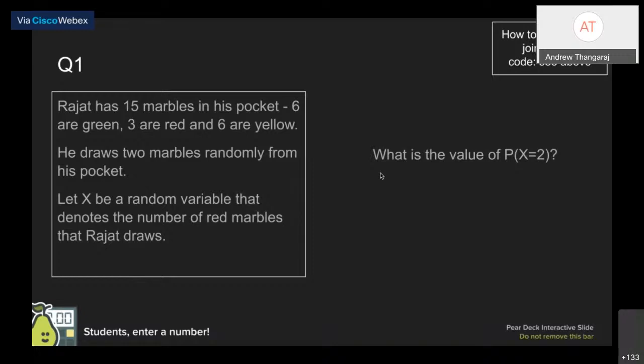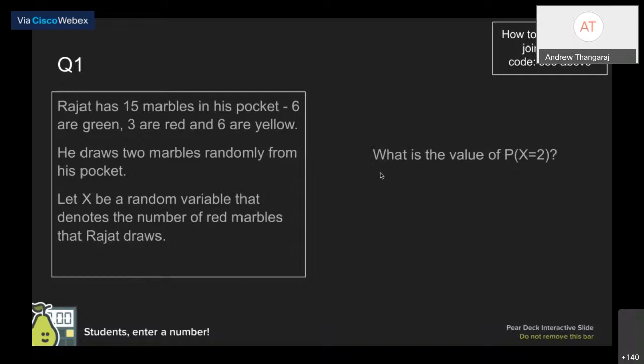There is a random variable defined in this setup. He's drawn 2 marbles, you find out how many red marbles are there among those 2, and that number is your random variable X. Once again, the experiment is very simple.